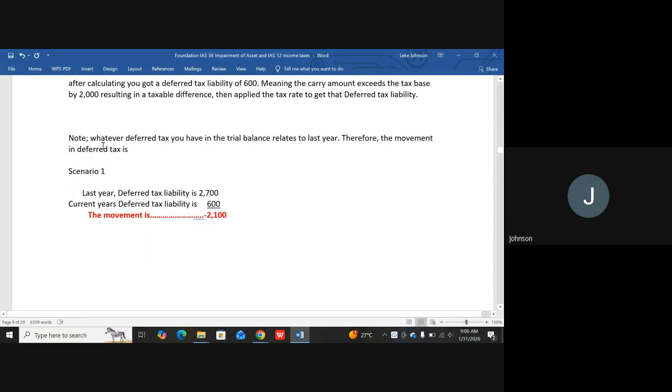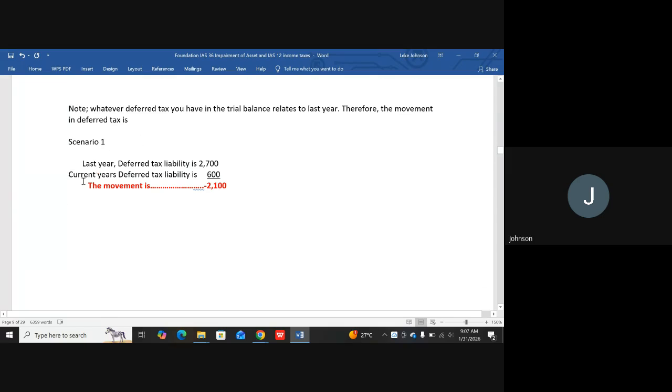So note, whatever deferred tax you have in your trial balance relates to last year, the prior period. Therefore, the movement in deferred tax is this.